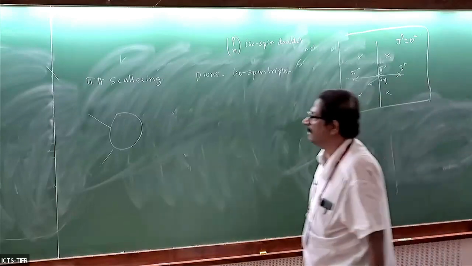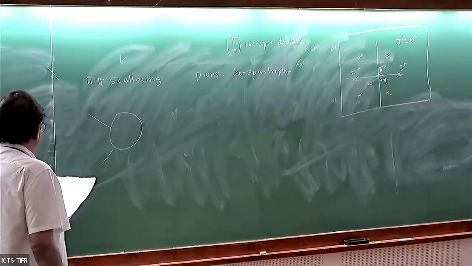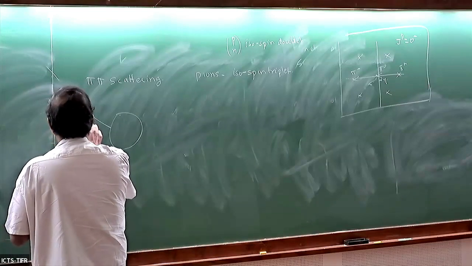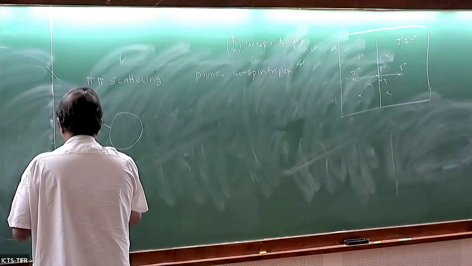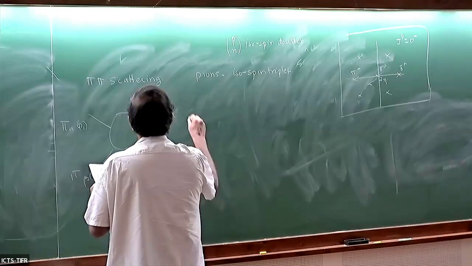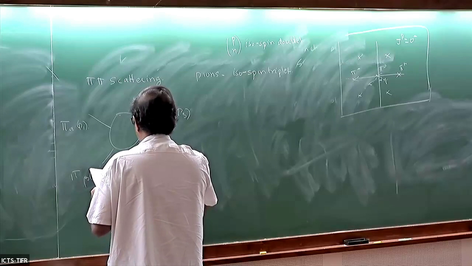So let me have a general pi-pi scattering where each pion carries an isospin index: pi alpha with momentum p1 and pi beta with momentum p2, scattering into pi gamma with momentum p3 and pi delta with momentum p4.